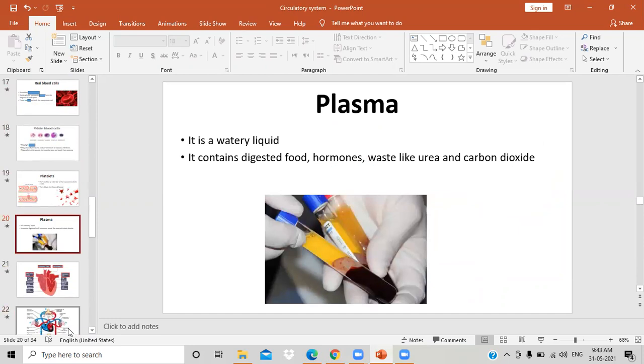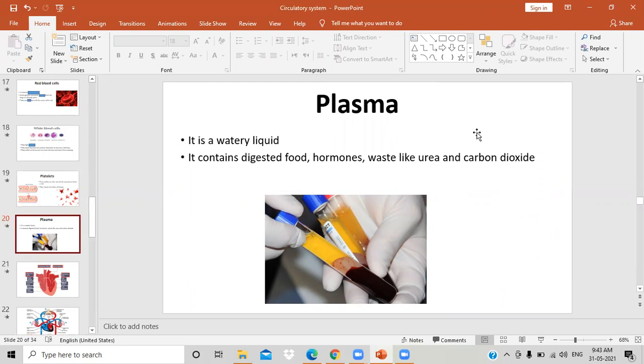This watery liquid is responsible for holding the other blood cells. Plasma is not a cell, it is a liquid. But it is responsible for holding the rest of the blood cells, and it also carries some digested food and some hormones and the waste products like the urea and the carbon dioxide.